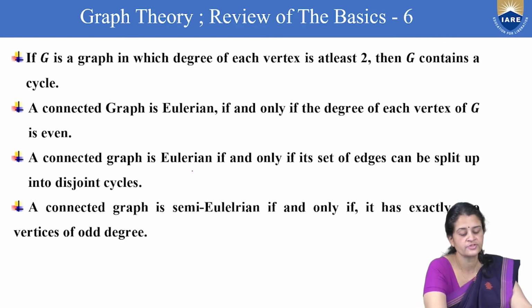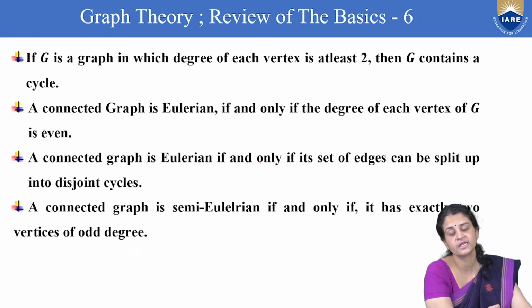Then a connected graph is Eulerian if and only if the set of edges can be split up into disjoint cycles. We have seen that a graph in which every degree is at least 2 contains a cycle, and it is Eulerian if and only if its edge set can be split into disjoint cycles.